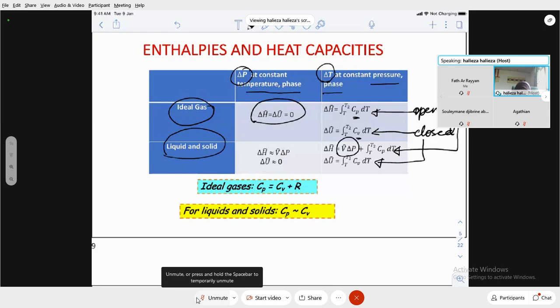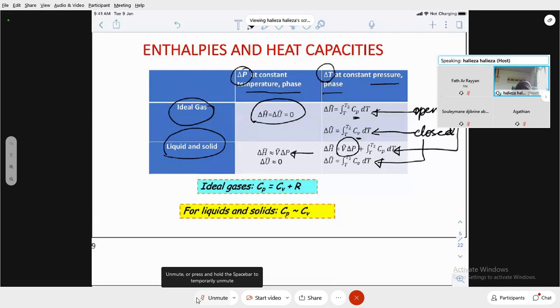That is for liquid and solid. And when you're looking for the enthalpy change at a constant temperature, that's the specific volume times the change in pressure.